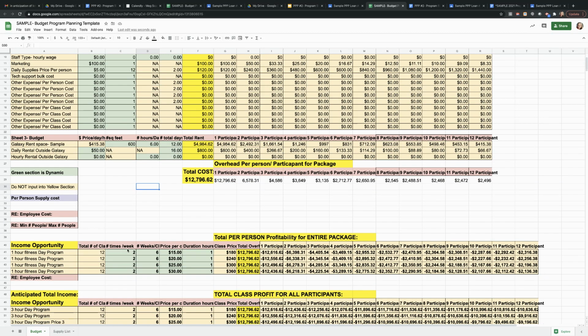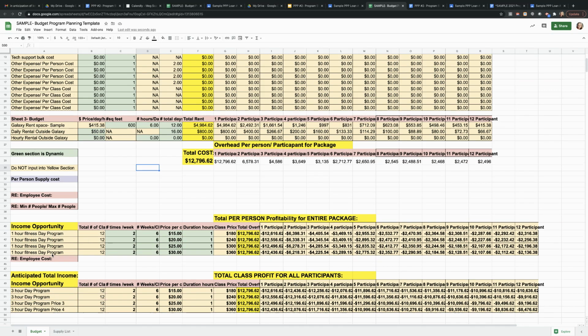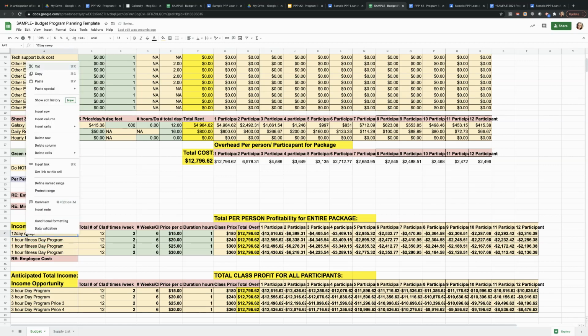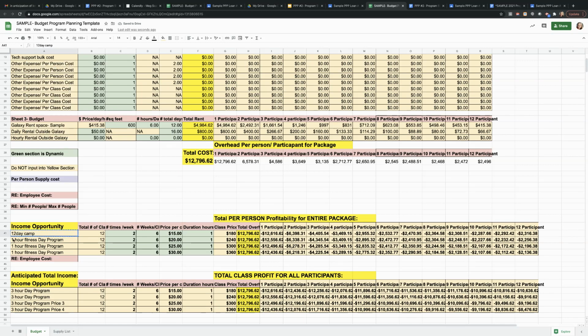So then, here's your income opportunity. So we're going to call this a 12-day camp. And I'm going to copy that and paste it. Paste, and I'm going to paste it here too.